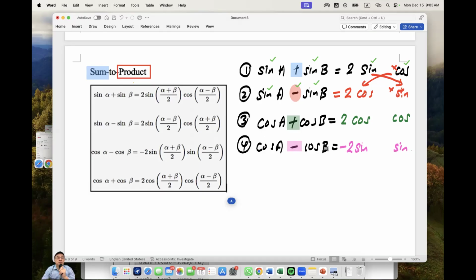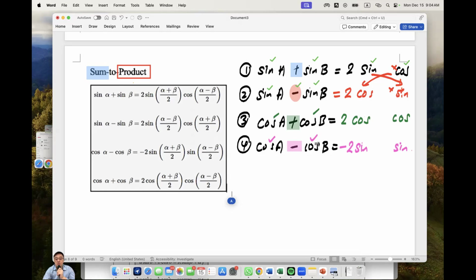Do you all follow what I'm saying? Yes, okay. Normally, I will remember it in such a way. First, sine plus sine is 2 sine cos. The sine minus sine is 2 cosine sine. The cos plus cos is what? Plus 2 cos cos.